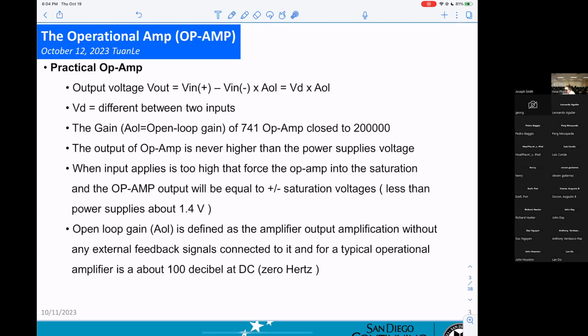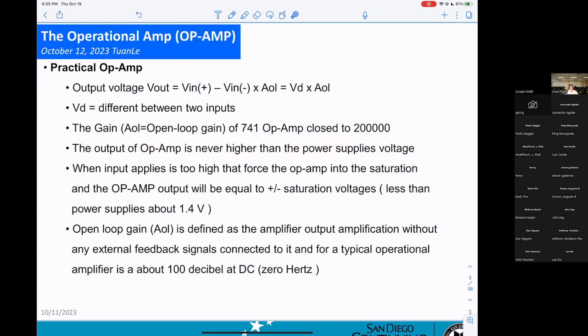The output of the op-amp is never higher than the power supply voltage. You see the gain, open loop 200,000, that's a very, very big gain. However, no matter what, the output of the op-amp is never higher than the power supply voltage.